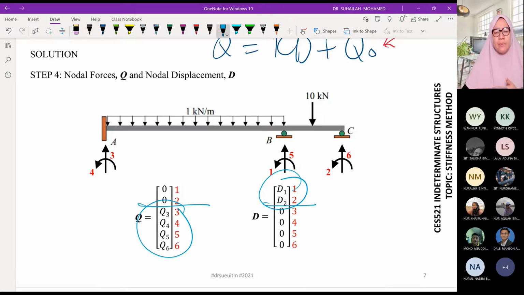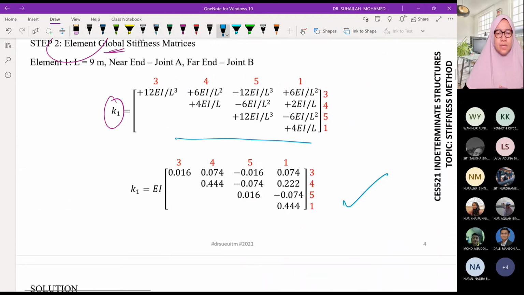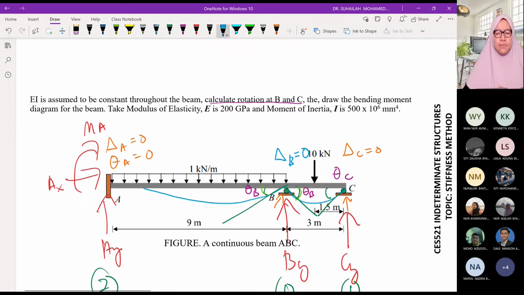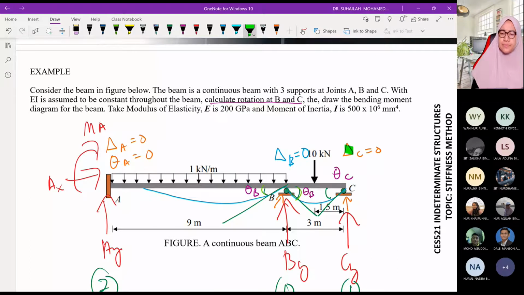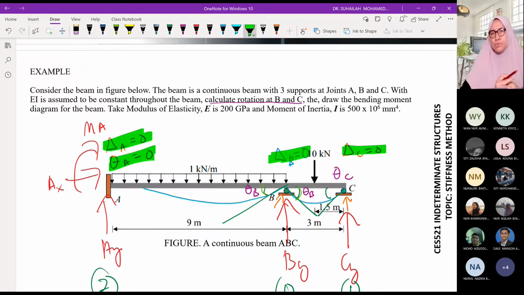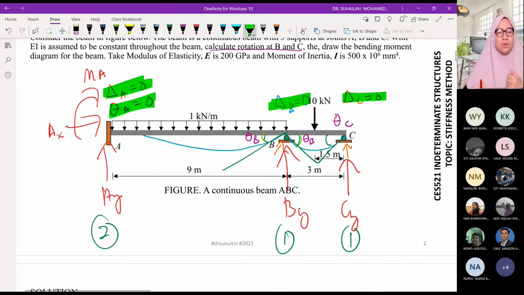Displacement at support representing benda ni. Ini dia 4D yang kosong tu. Okey, 4D yang kosong tu D3 0, D4 0, D5 0, D6 0. Macam mana dia dalam diagram? Okey, macam ni lah.